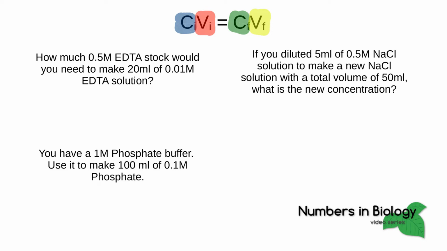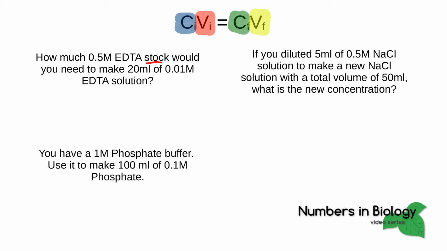And so if we look at this first problem, how much 0.5 molar EDTA stock would you need to make 20 milliliters of 0.01 molar EDTA solution? Okay, so if we look at this, we try to break it down in terms of what we're starting off with and what we're ending up with.